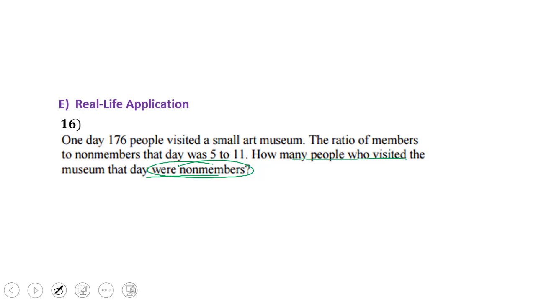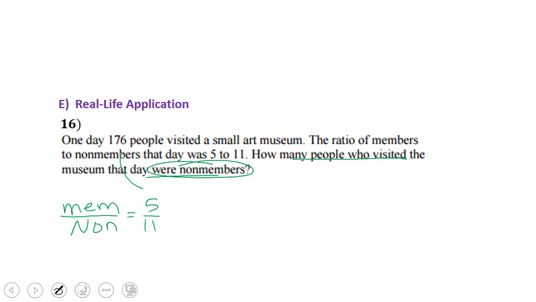Starting off, it says on that day 176 people visited the museum. The ratio of members to non-members was 5 to 11. So we have members to non-members, and that is 5 to 11.